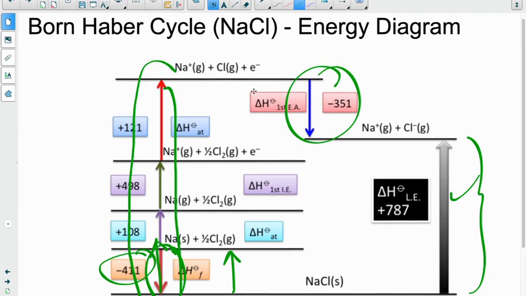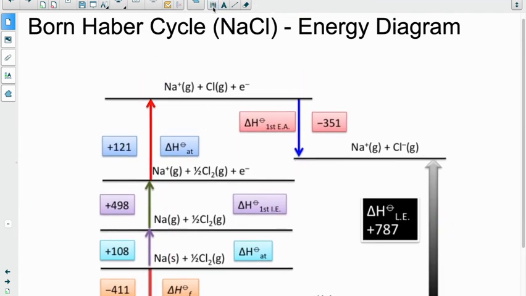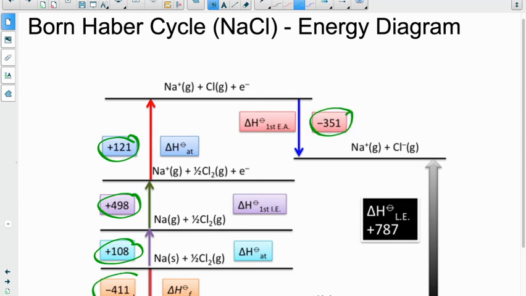So if I wanted to use this energy diagram right here to calculate the enthalpy change or lattice enthalpy for this process right here, for sodium chloride, it would be this enthalpy change plus this one, plus this one, plus this one, obviously, and then this would have to be flipped. So this would become a positive value because I'm changing the value of that.